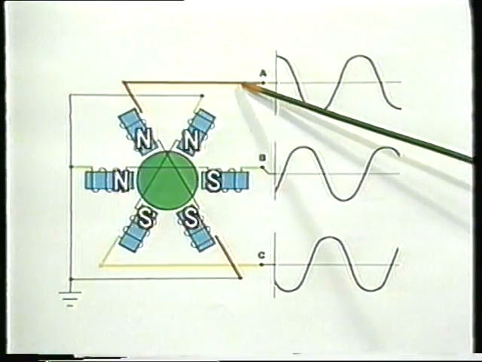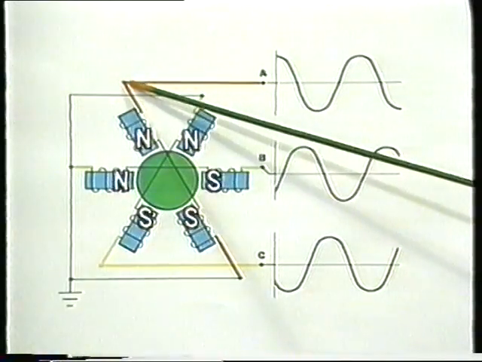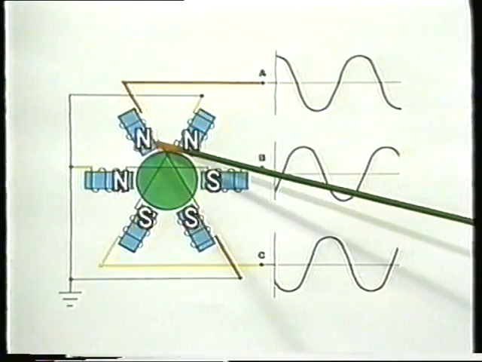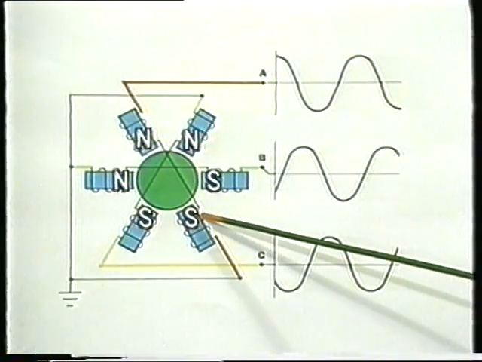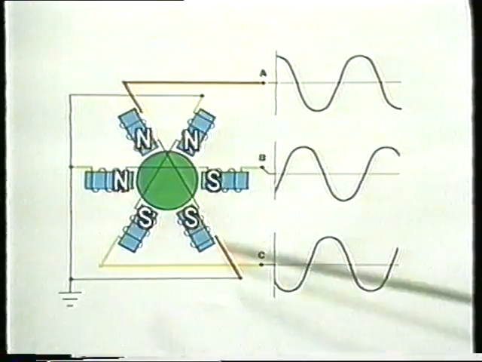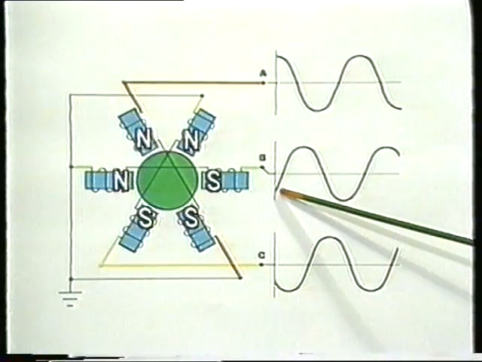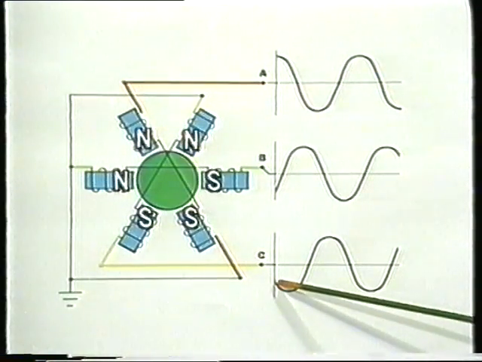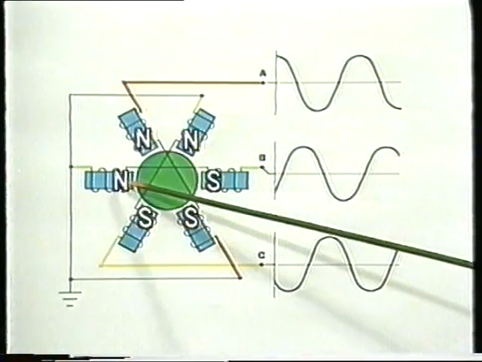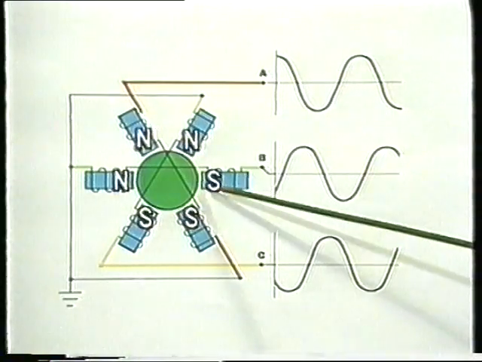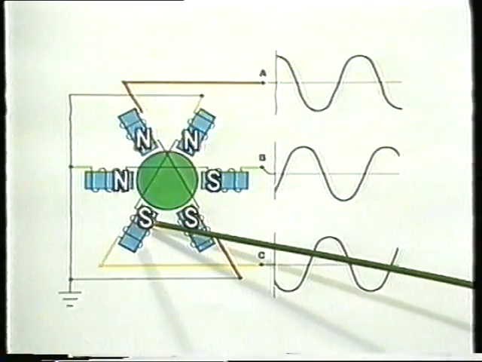As current comes in phase A, it flows through the phase A coils to produce a north pole on one side of the motor and a south pole on the other. At the same time, current in phases B and C is negative and produces south and north poles as shown. So one side of the motor is north and the other is south.